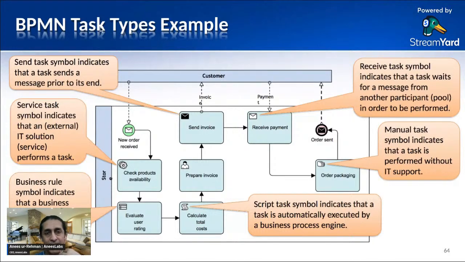For BPMN task type examples, the send task symbol indicates that the task sends a message prior to its end. If you don't want to use the send task, you can create a normal task with an email event. It's a choice. You can create the email event: as soon as the task completes, you trigger an event which sends the email.